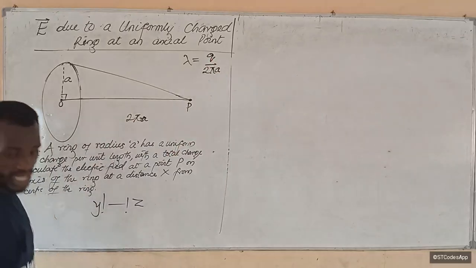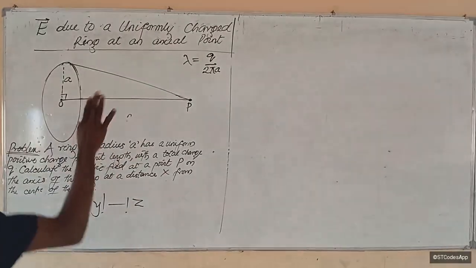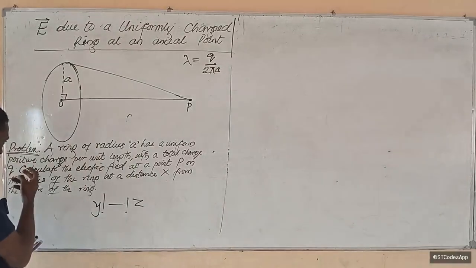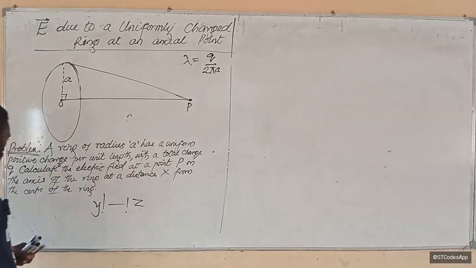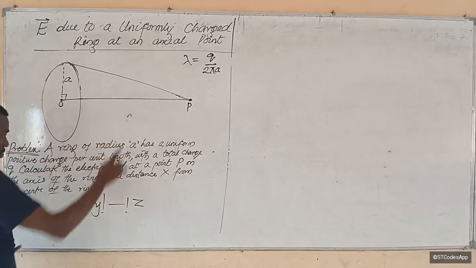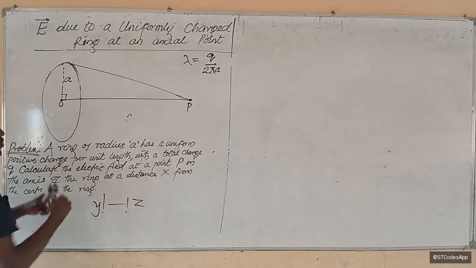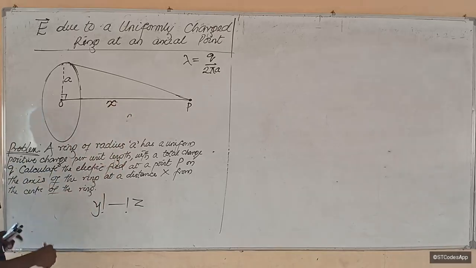All right. So that's just the formula for the charge per unit length. It now says to calculate the electric field at a point P on the axis of the ring, at a distance x. So the distance from here to here is x from the center.